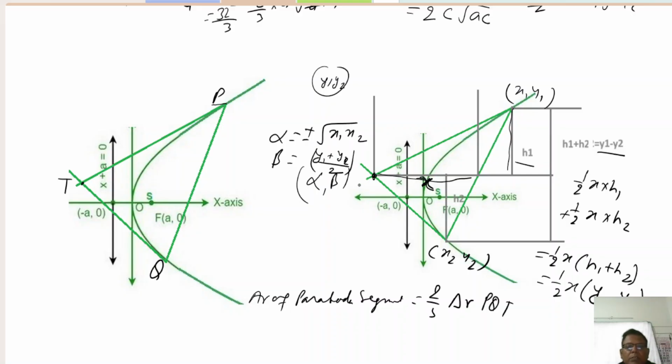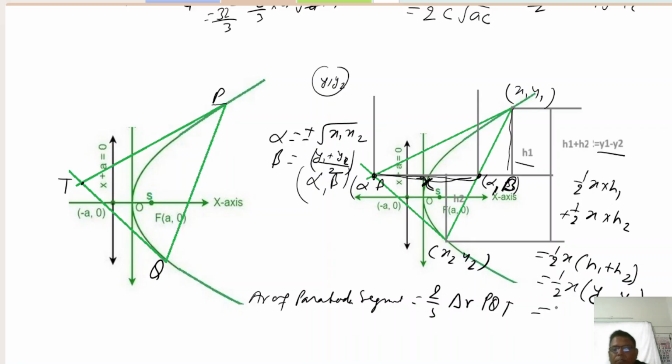So this one is alpha, and from alpha we can find this point also, because you put it in this line and you will get alpha 1 beta 1.